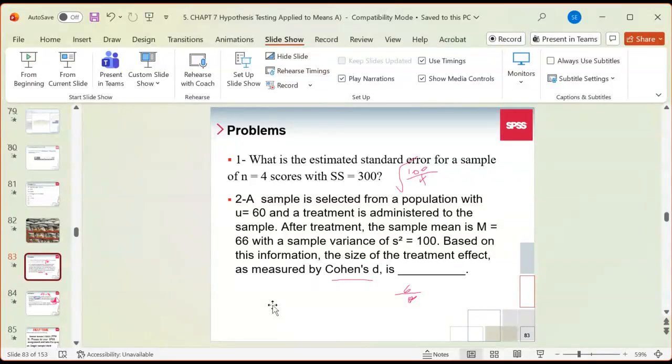So if we calculate the variance, it is SS over N, or df, SS over df. Where is that hypothesis applied to mean? One sample t-test.